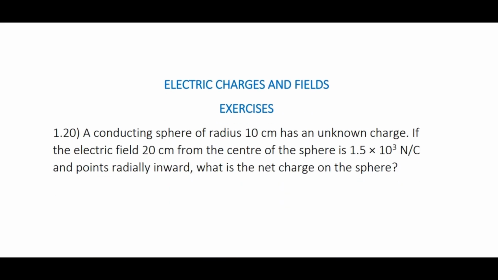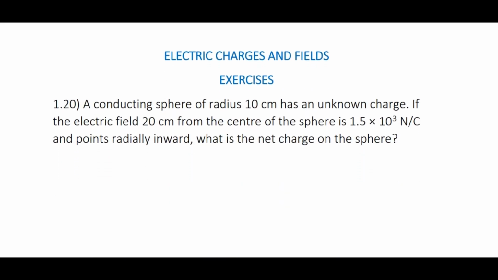Coming to 1.20. A conducting sphere of radius 10 cm has an unknown charge. If the electric field 20 cm from the center of the sphere is 1.5 into 10 power 3 Newton per coulomb and points radially inwards, what is the net charge on the sphere?